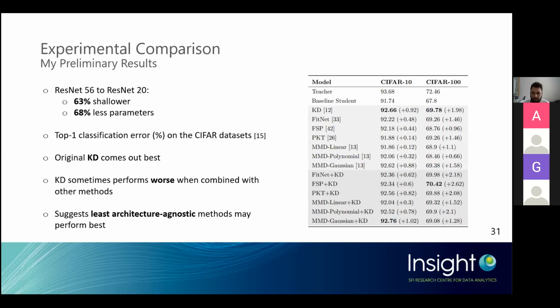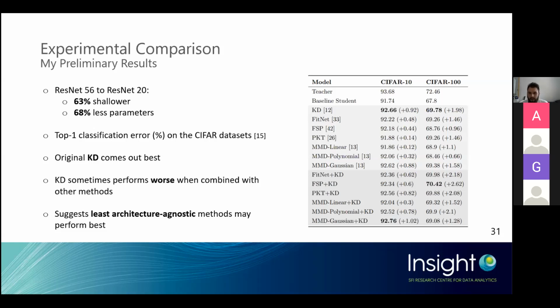And what we observed here was that knowledge distillation, which is the older method, outperformed a lot of the newer ones. So this was a surprise to us because in most of the original papers, they'll claim to beat knowledge distillation. And we also observed that sometimes knowledge distillation will be improved if you combine it with other methods. Because knowledge distillation works on the output layer and the rest of them work on hidden layers, they lend themselves to being combined.